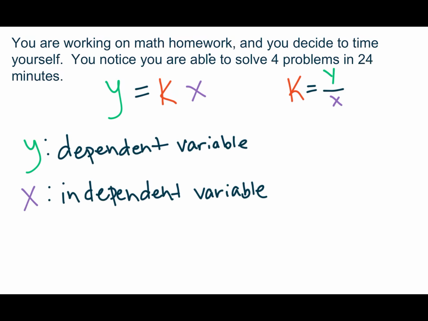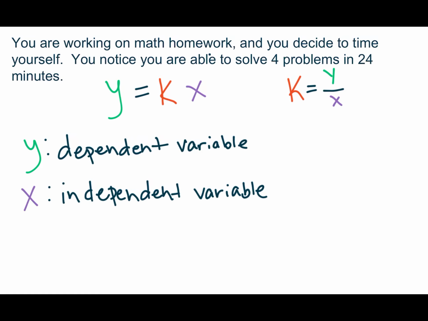So we're actually going to put a name to our y and our x. So our y is what we're going to call our dependent variable. That means our y value depends on something else. So if we look at this problem that we have here, you notice you are able to solve 4 problems in 24 minutes.